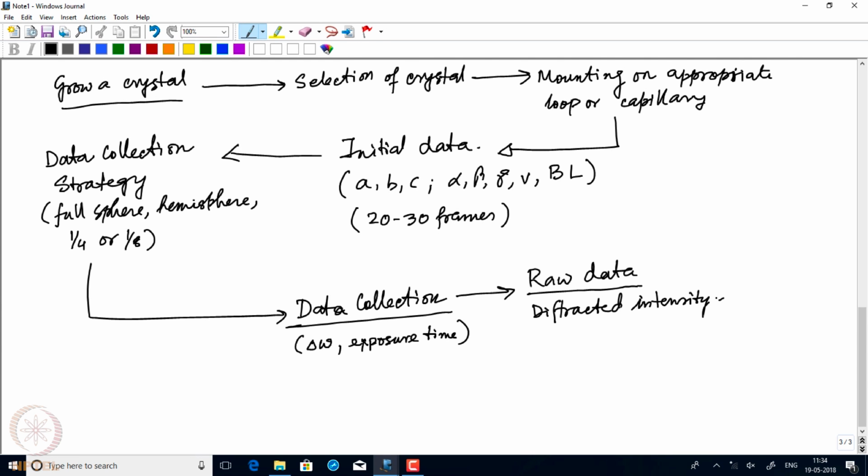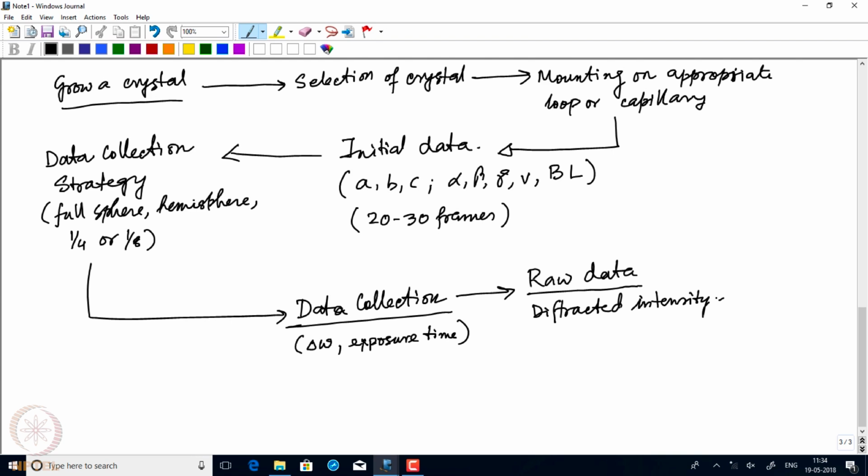When you cool a crystal to 100 Kelvin, the vibration is much reduced, so the electron density is more confined to a particular atom. As a result, the beam intensity increases.